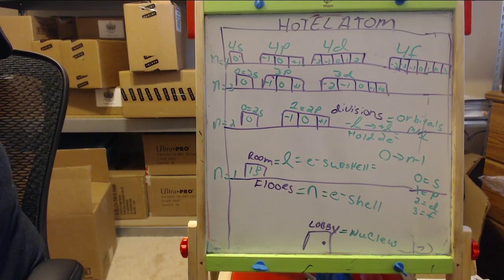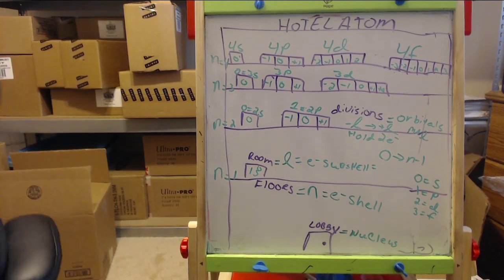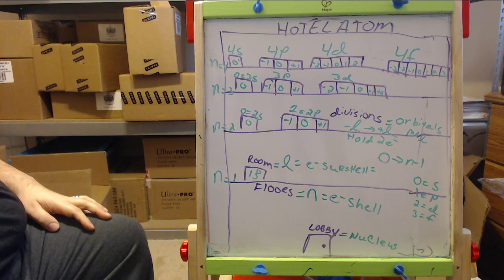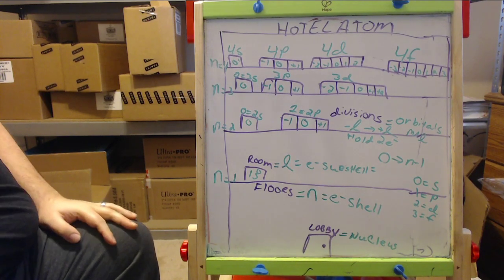Nothing? Are we sure? So what this means is that we can hold a different amount of electrons on each level.